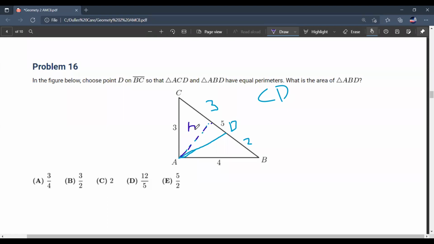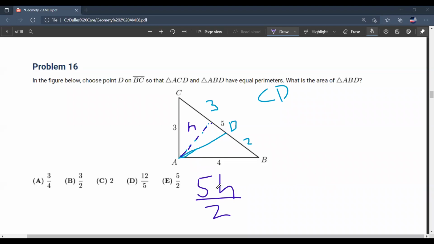Can anyone think of a clever way where we can find the area of ABC and write it in terms of the height, right? Write it in terms of h. Yeah, good job, Alpha. So basically, you take 5h over 2. Andrew, that's not exactly what I had in mind, but I think I get your idea.